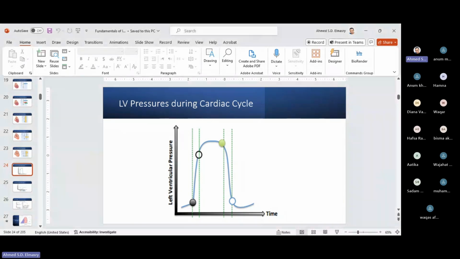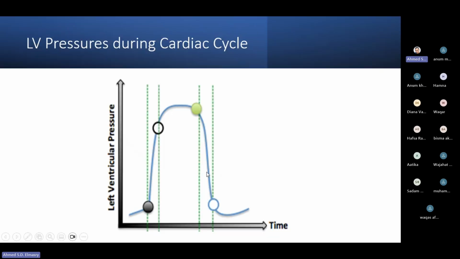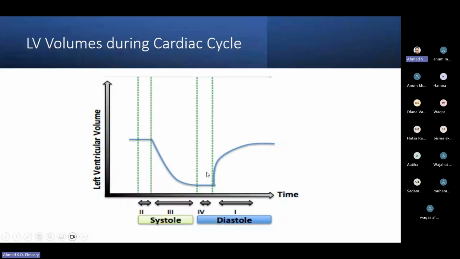So we reached the left ventricle volume changes during the cardiac cycle. And as we see here, these are the different phases of the cardiac cycle. Here, in the isovolumetric contraction phase, there is no change in the volume inside the left ventricle.